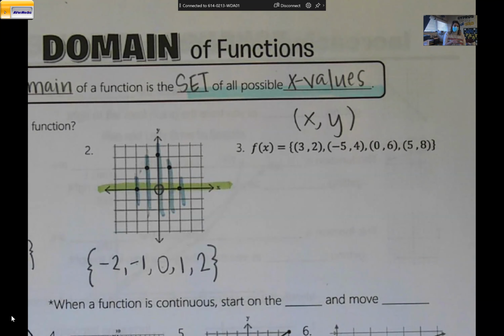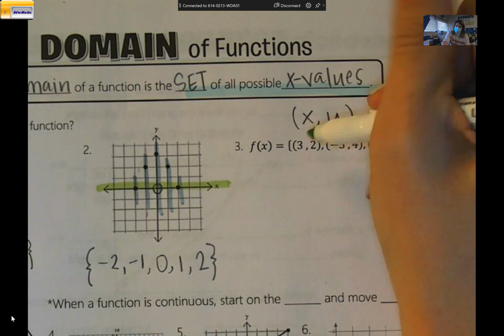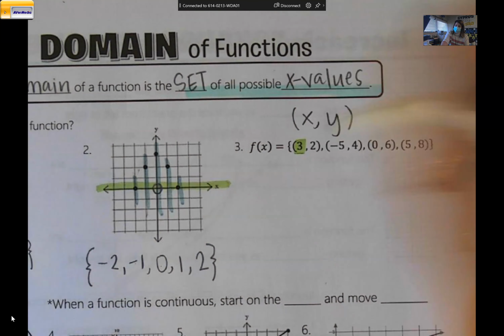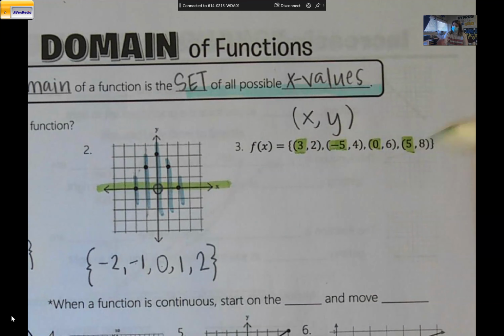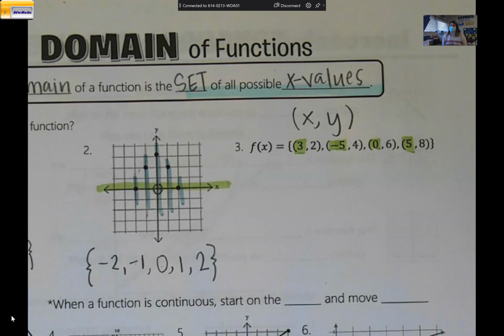So if we want to know the numbers that x can be, we are going to do the numbers that are in the x position. So I went through for the 4 points that they gave us and identified all of the x values.